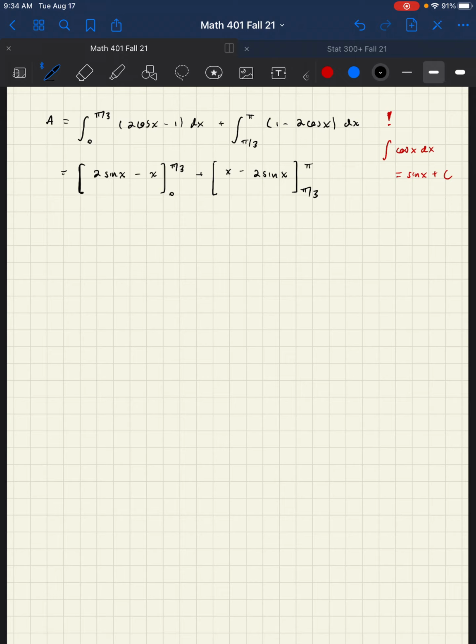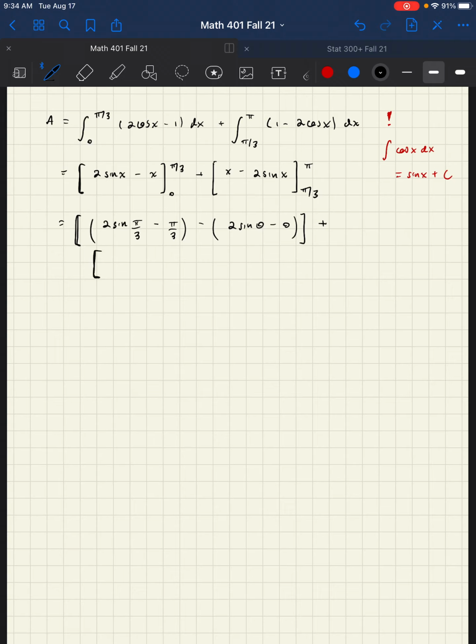We're not guaranteed that. But let's just go ahead and do the calculation then. So we're going to get 2 sine of pi over 3 minus pi over 3 minus (2 sine of 0 minus 0). The nice thing here is that that will cancel out to just 0, so we won't have to worry about that part.